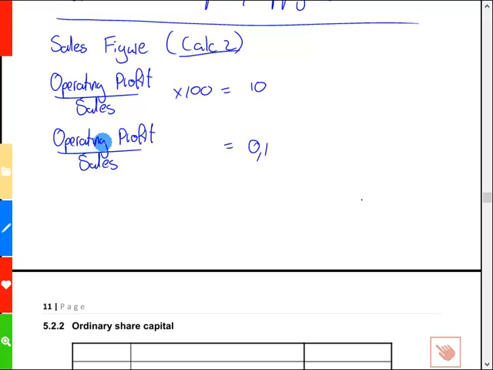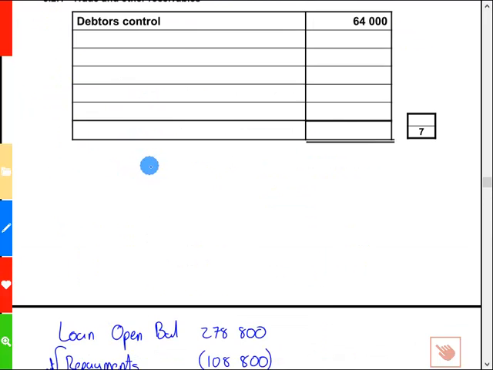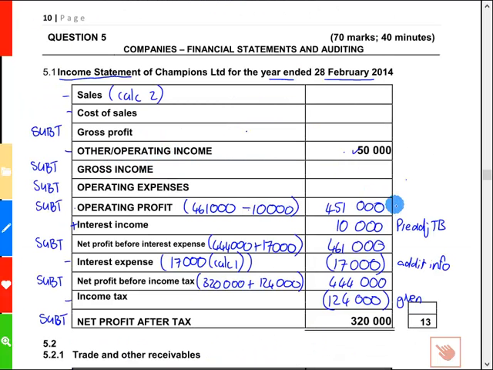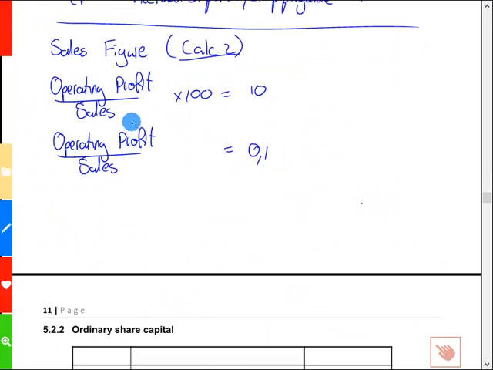We know what our operating profit figure is. What is it? We just calculated that. Here it is, 451,000. So we go back to our calculation. The top of the line becomes 451,000 over sales equals 0,1. So then it's simple. We just find sales all by itself.